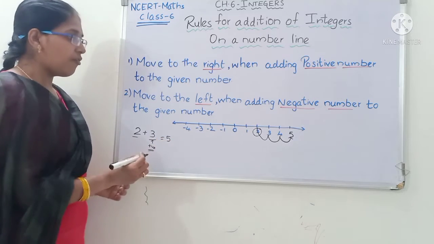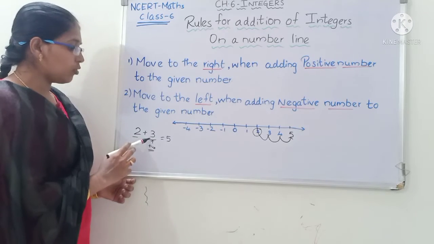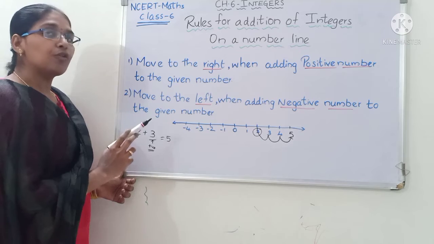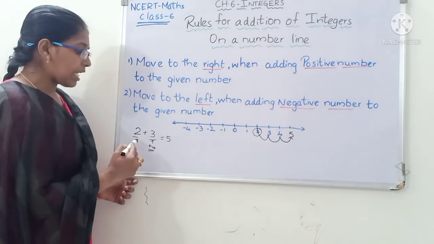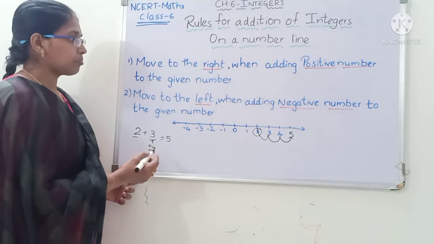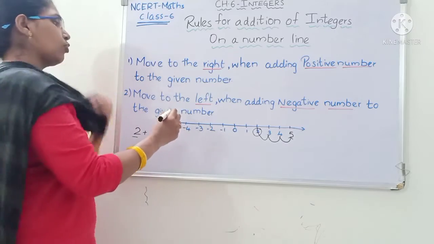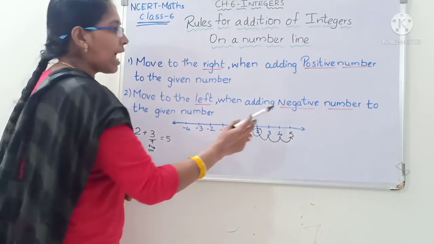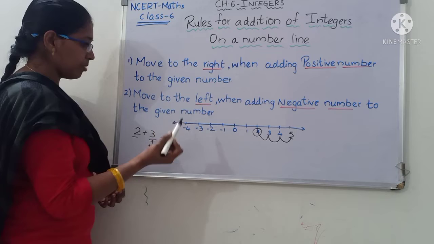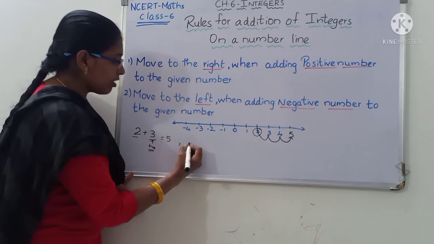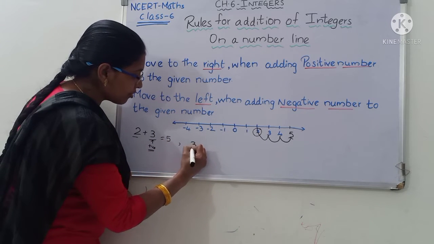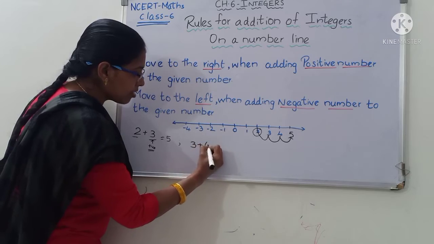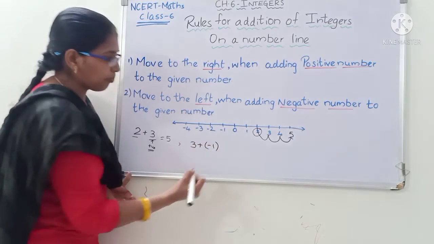So children, when you are adding a positive number to the given number, you move towards right from the given number. And the second rule is move to the left when adding negative number to the given number. Suppose if the number given is 3 plus minus 1.